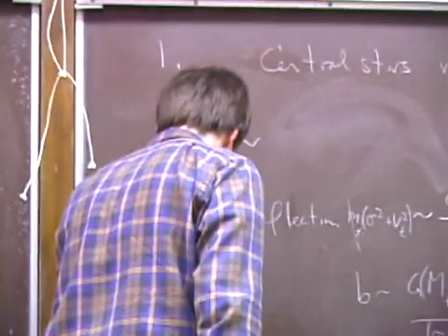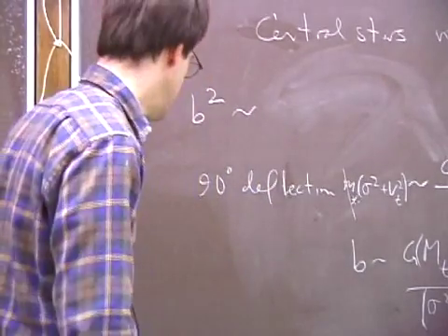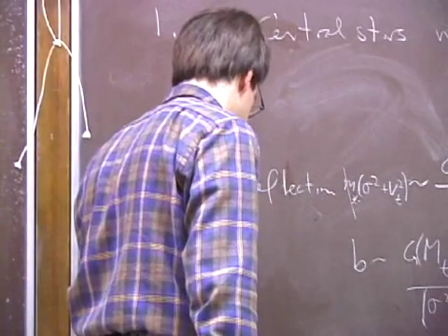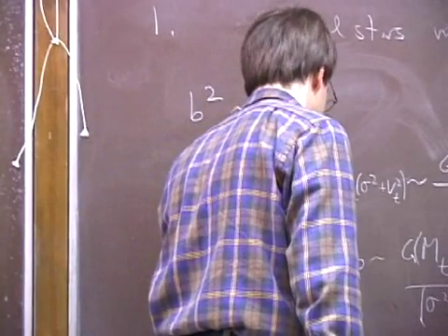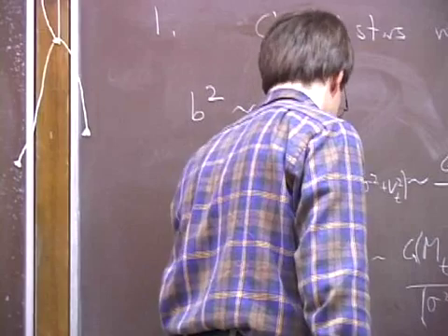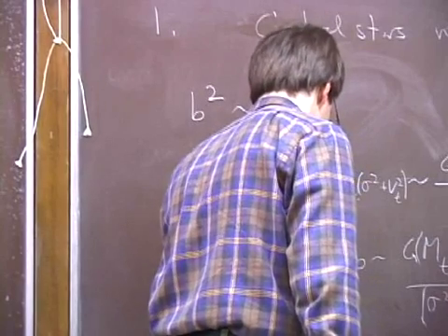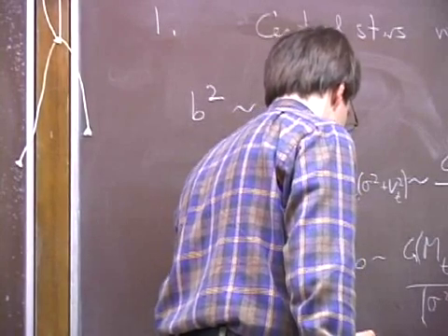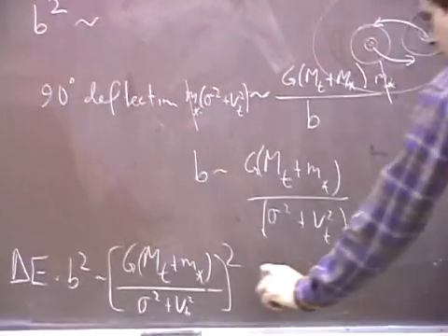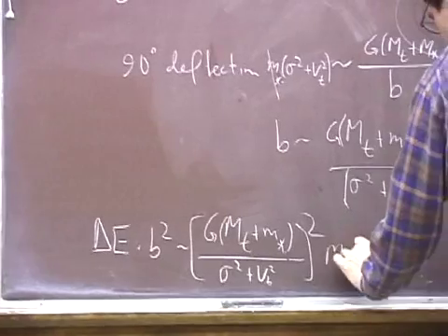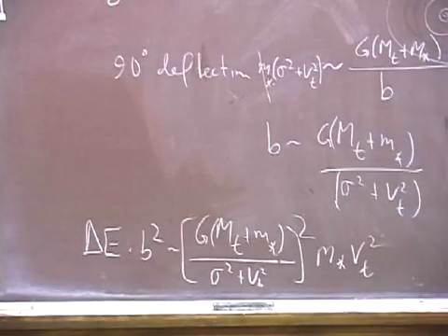So the change in energy times the cross section is going to be of order G, so that's the cross section, and the change in energy is going to be like m star Vt squared.